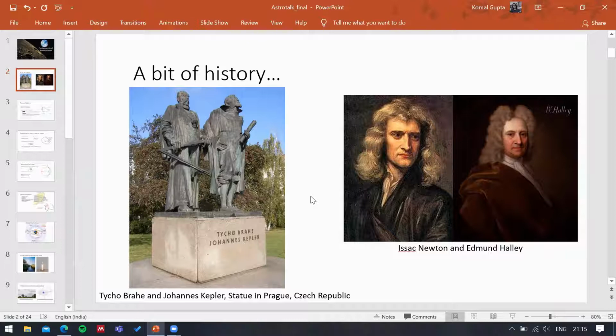Tycho and Kepler were active during the 17th century, and another figure during the same time was Newton, who was a student at the University of Cambridge when an outbreak of the plague, which is not much unlike the pandemic that we're seeing today, forced his university to close down for some time.